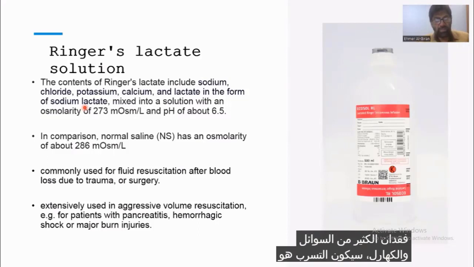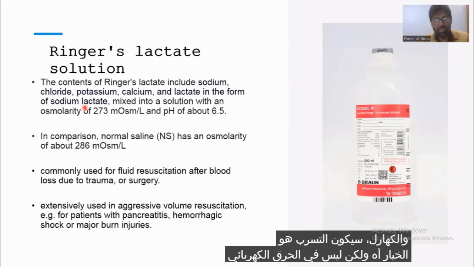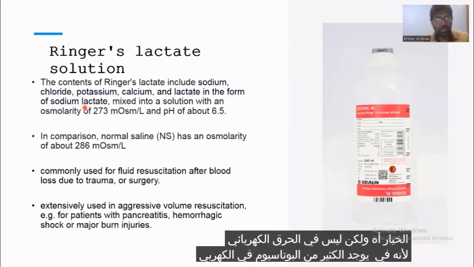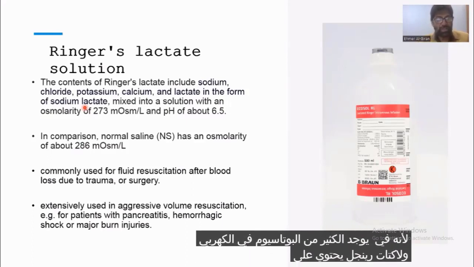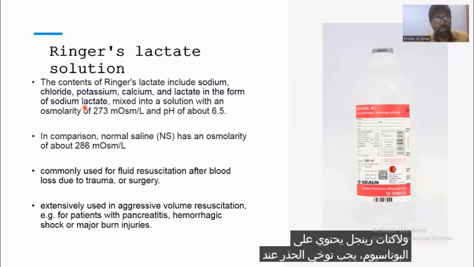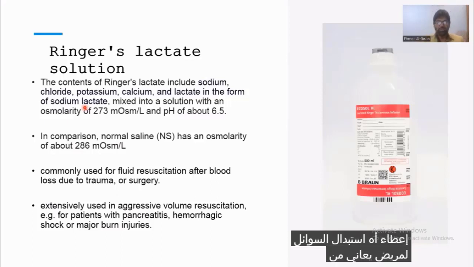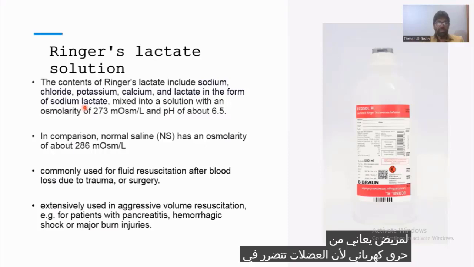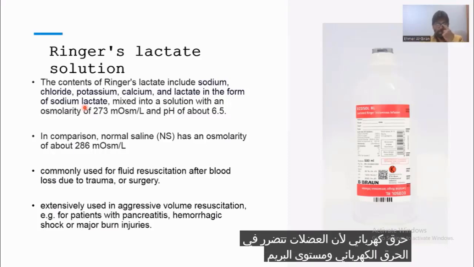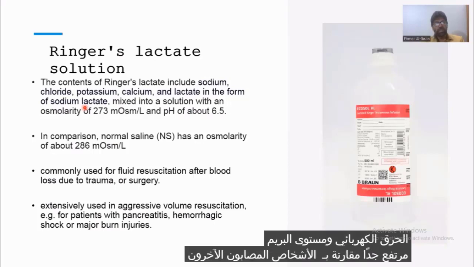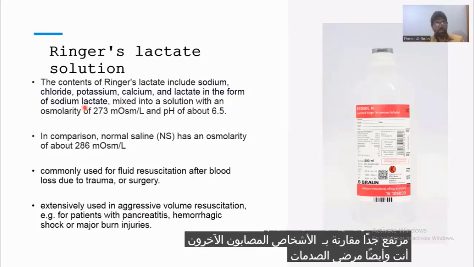Ringer lactate would be the choice, but not in the electrical burn, because in electrical burn a lot of potassium is there and ringer lactate contains potassium. So be careful when you are replacing the fluid in a patient who is suffering from electrical burn, because the muscles are damaged in electrical burn and the potassium level is quite high as compared to other injury persons.